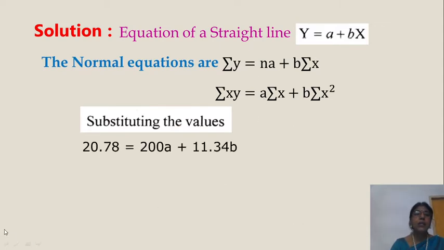We get 20.78 is equal to, n is 200, 200a plus b sigma x, and sigma x is 11.34.